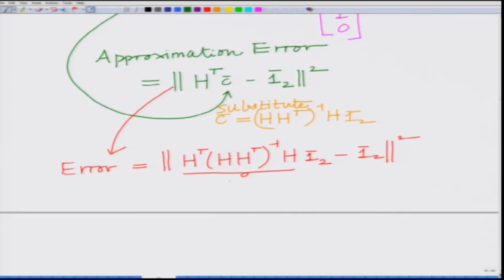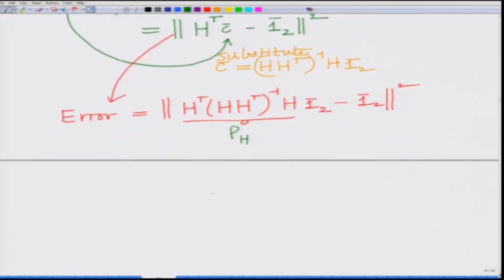and this matrix, that is H transpose inverse H, we call this matrix your matrix PH. Remember, we said this is the projection matrix for the range of H transpose.